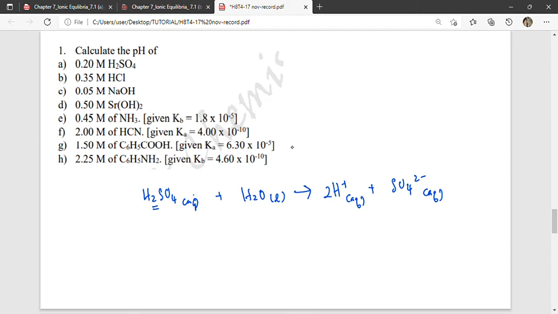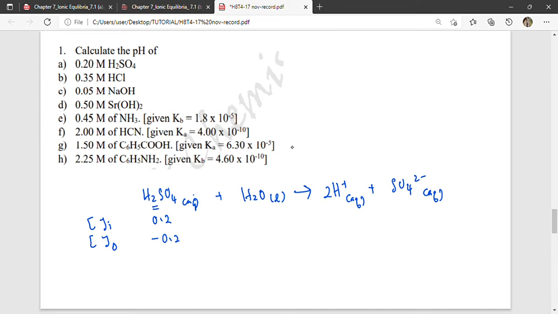If you have the initial concentration of H2SO4 as 0.2 molar, the change in concentration of sulfuric acid will be minus 0.2, because a strong acid will dissociate completely. And the product will be 2H plus.